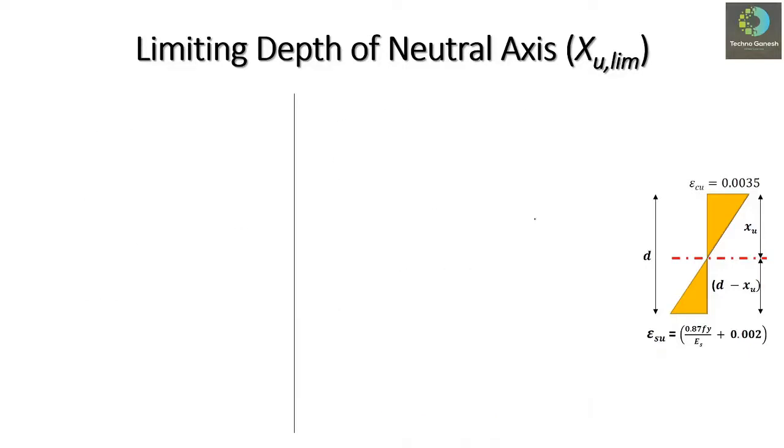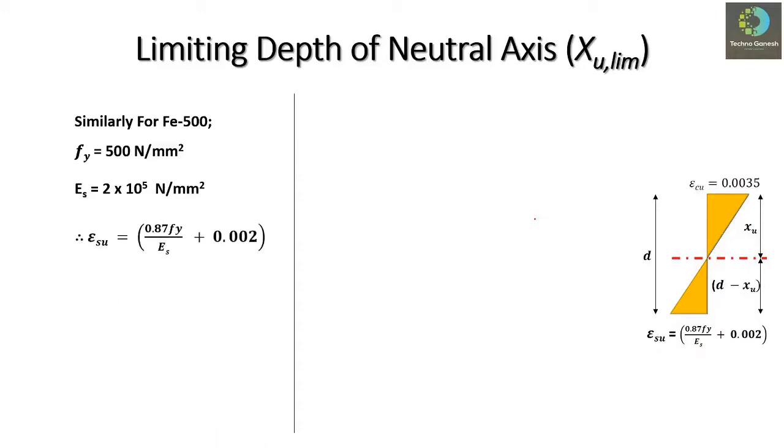Similarly, we are going to calculate the value of XU limiting for Fe500 grade of steel also. As we know, the characteristic strength of Fe500 grade of steel is 500 Newton per mm square. ES remains the same, that is 2 into 10 raised to 5 Newton per mm square.